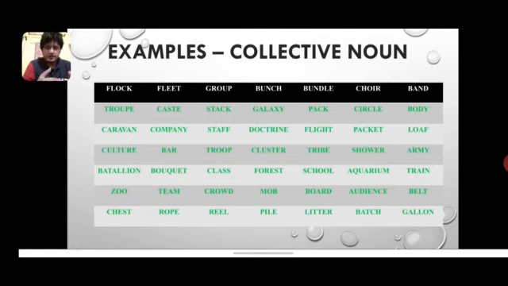Zoo of animals, aquarium of fishes, school of fishes, class of students, bouquet of flowers, right? Battalion of army men, army of ants, galaxy of stars. This is how it's done. Now here we need to understand that it is necessary to use the correct combination. I cannot say a class of fishes.